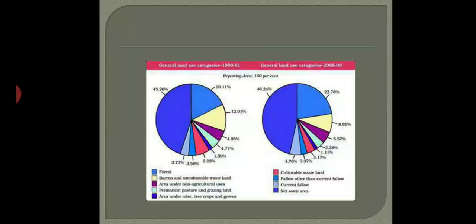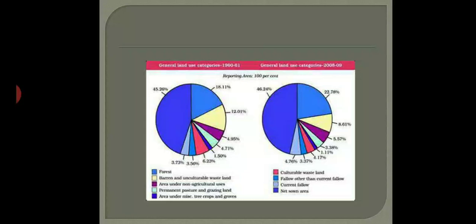If you see it minutely, the land under permanent pasture has decreased. If the land under permanent pasture were to increase, it would not be a positive sign. It shows how we are going to feed our huge cattle population.